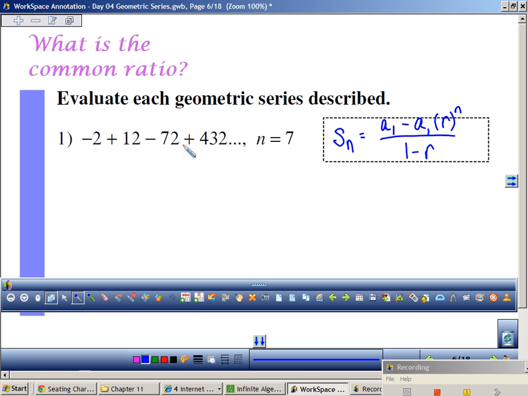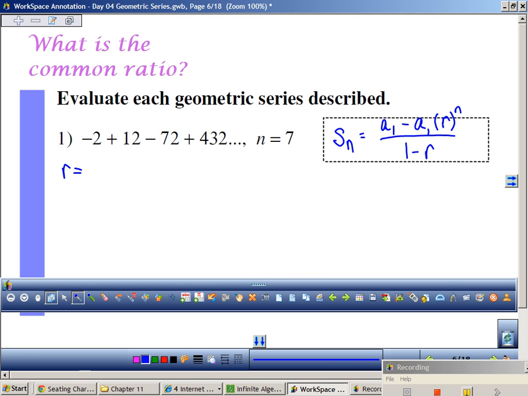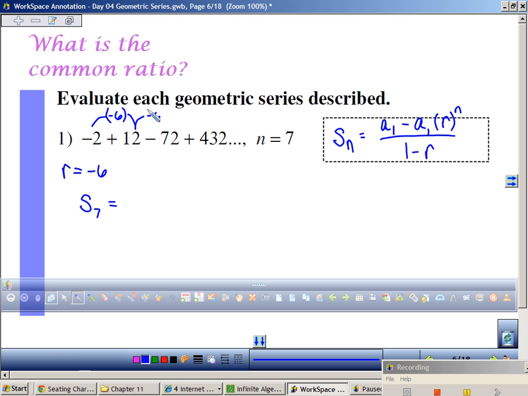Okay, so let's do this one together. So put number 1 on your paper. We're doing your first homework problem right now. So what is my common ratio? Okay, I will pause. Okay, so my common ratio is -6 because -2 times -6 is positive 12. Let's check. Is 12 times -6 -72? Yes, indeed. So we know r equals -6.